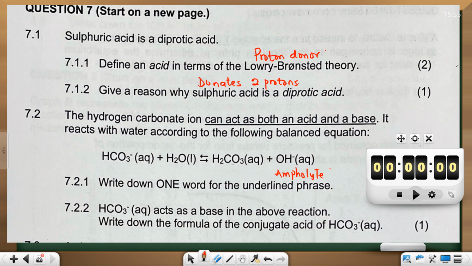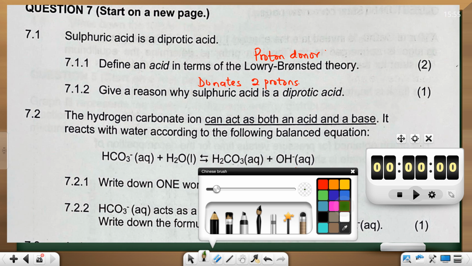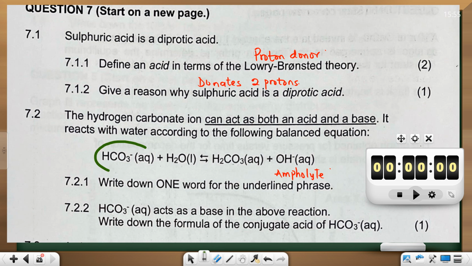Please, guys, this is very important. Sometimes this is 4 marks. HCO3 looks like this one. But what's the difference? This one is 1 hydrogen less. This is 2, right? It means this guy has what? Received.